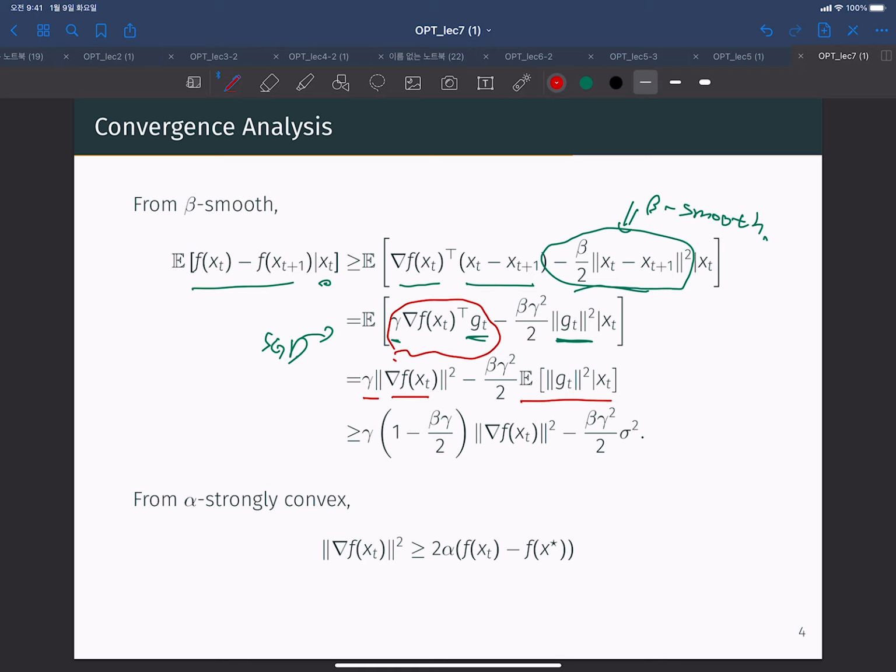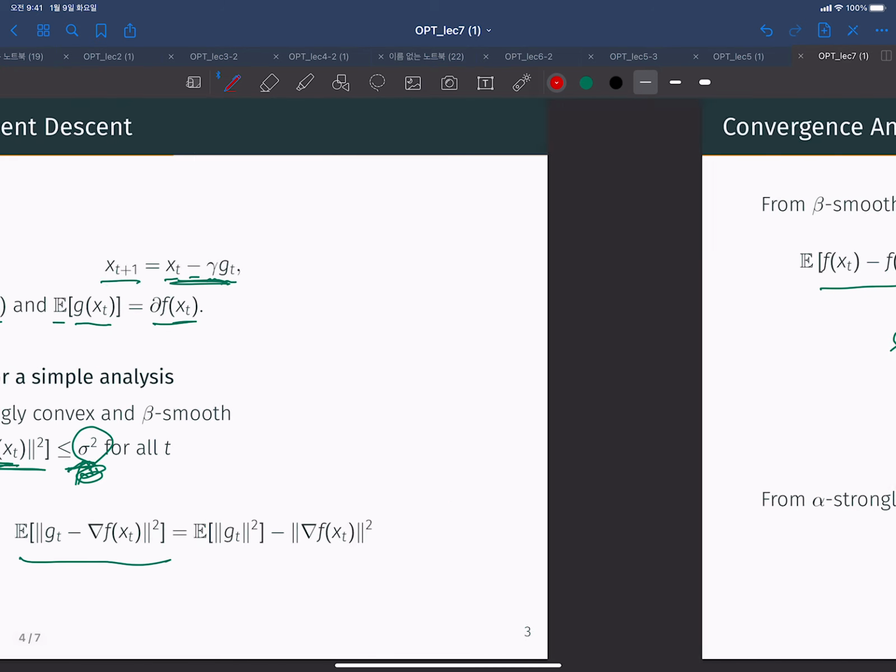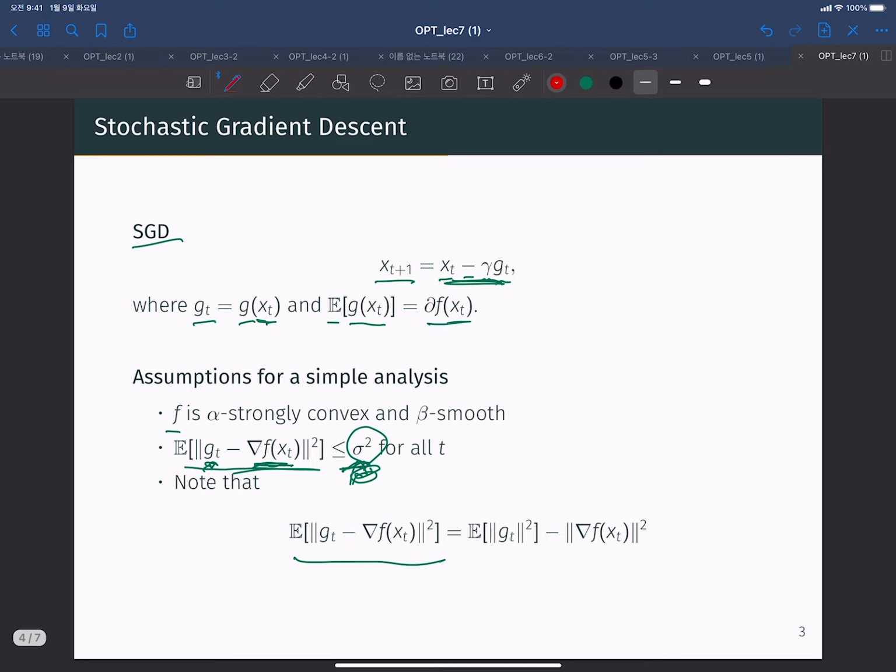From the definition of sigma square, you can upper bound this one. We basically have that the expectation of g_t normed square minus gradient of f(x_t) normed square is upper bounded by sigma square.